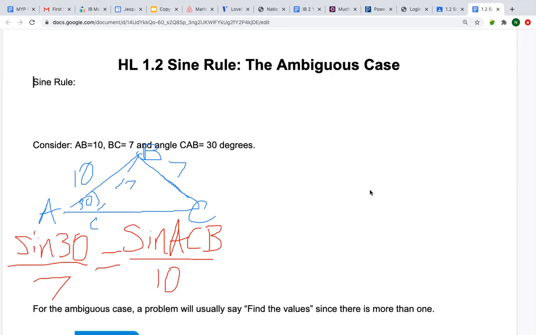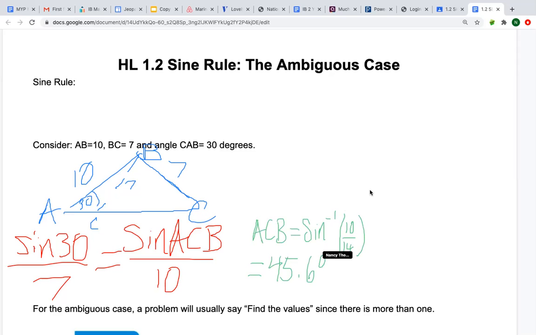So I know that the sine of 30 is 1/2. So 1/2 divided by 7 is 1/14. I'm going to go ahead and multiply both sides by 10. So then I have 10/14. And in order to get ACB by itself, I'm going to take sine inverse. So I have angle ACB is equal to the sine inverse. Again, I just solved this problem of 10/14.